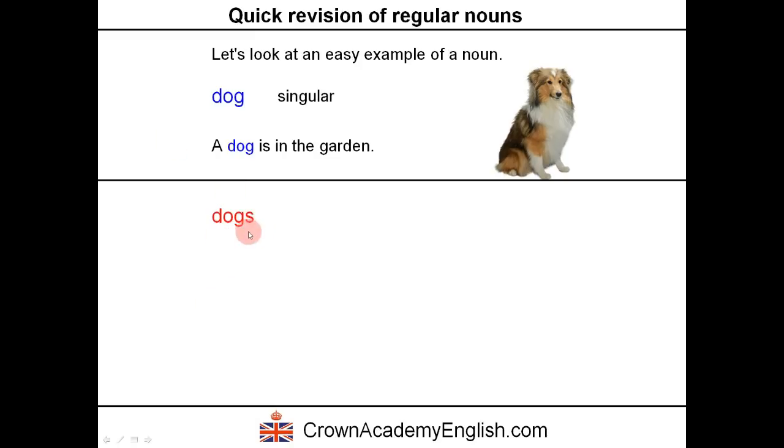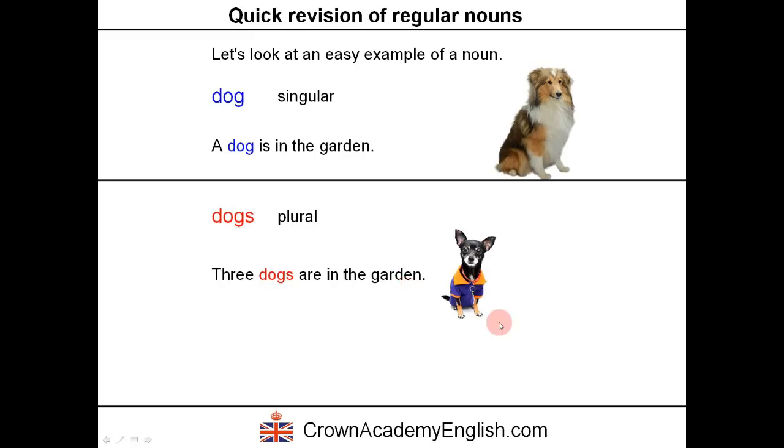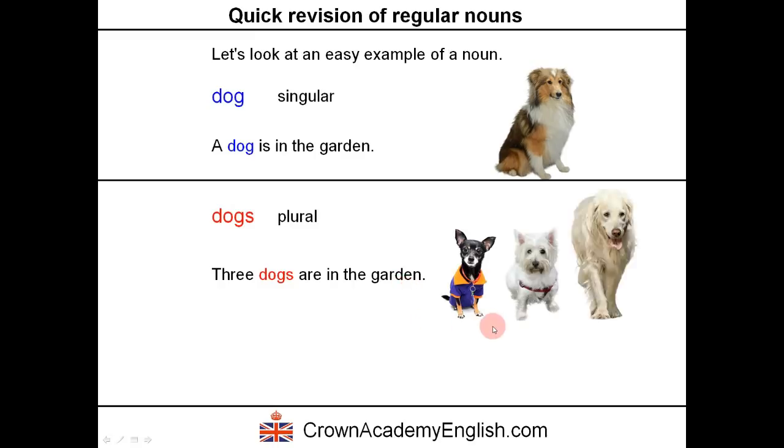Here it is. Dogs. We simply add an S. So this is the rule when we are talking about regular nouns. We simply add an S to give us the plural form. So now the example is 3 dogs are in the garden. We have the plural form, dogs, and the verb be is now in the third person plural form, are in the garden. 1, 2, and 3.